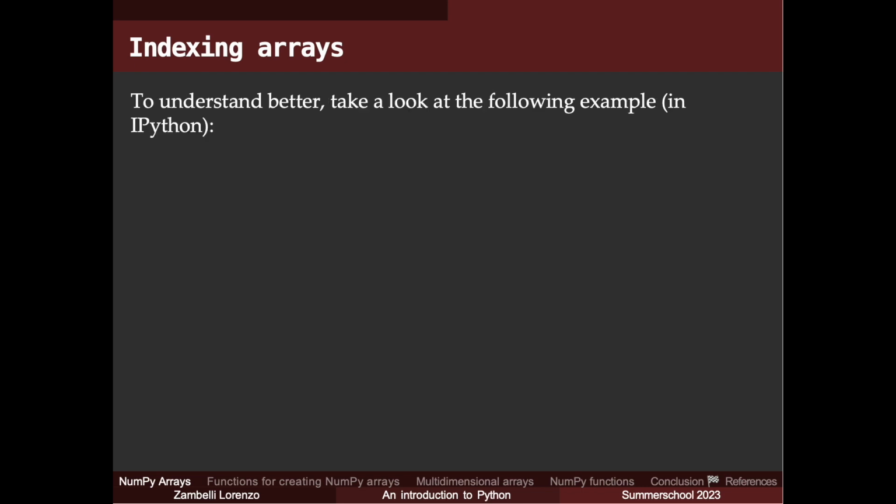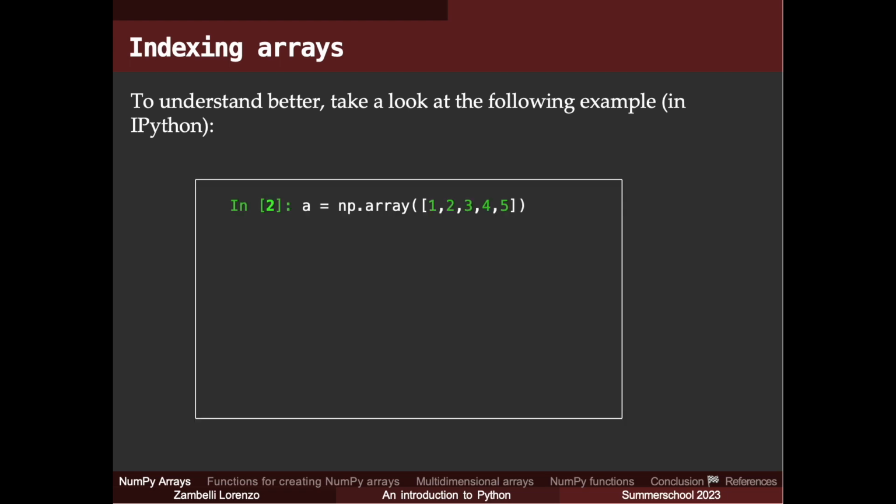Index array. To understand the concept better, look at the following examples. For the entire lecture, I am going to use the IPython shell. So I first import NumPy, and I create a NumPy array as follows.